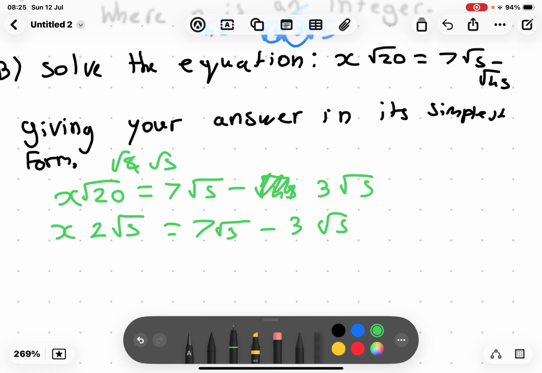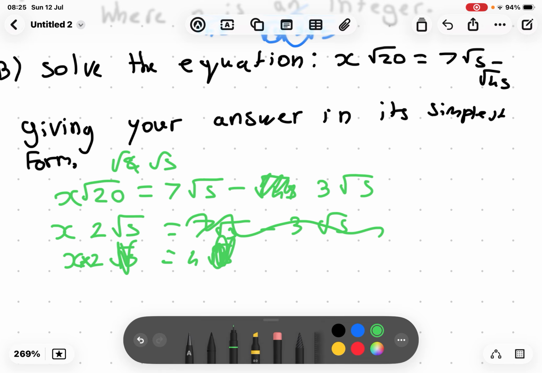So, this basically can go as this, because 7 take away 3, and this, by the way, times. After that, these can simplify.